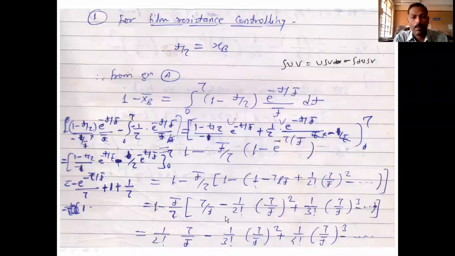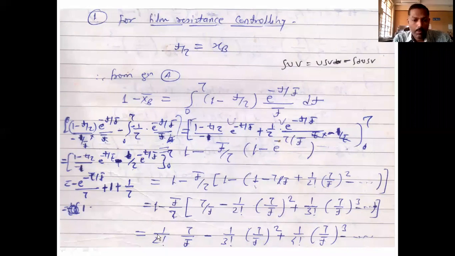Apply the Taylor series: we get 1 minus e raised to minus tau upon T bar, and we expand this e raised to minus tau upon T bar as 1 minus tau upon T bar plus 1 upon 2 factorial tau upon T bar squared, like this. Then solve this equation bracket.